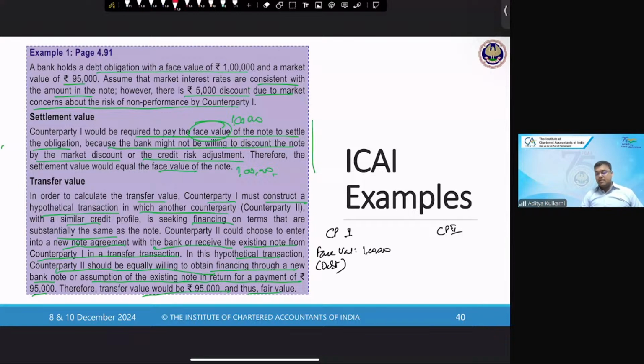I will accept the liability of those debentures. So CP1 will tell you, I will transfer it, but how will we negotiate the transfer? So what they decide is, well, today the fair value of this instrument is how much?